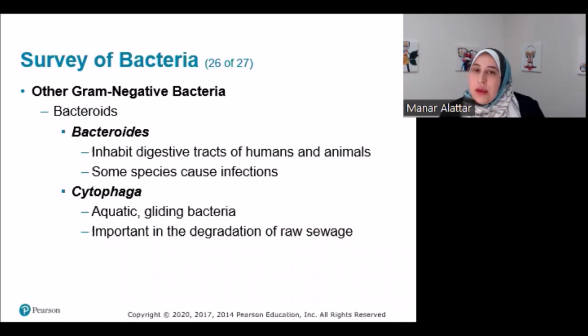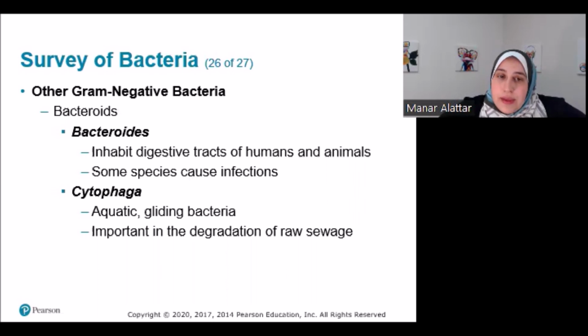Then we have Bacteroides, which are common inhabitants of human and animal digestive tracts. They tend to be obligate anaerobes, and they can metabolize a diverse number of carbohydrates, which is why they're so important to the digestive tract.